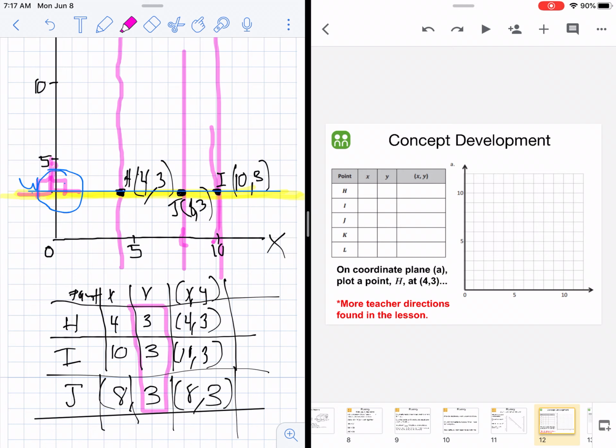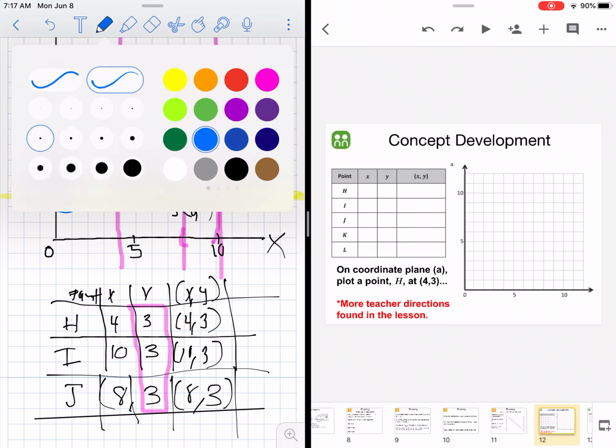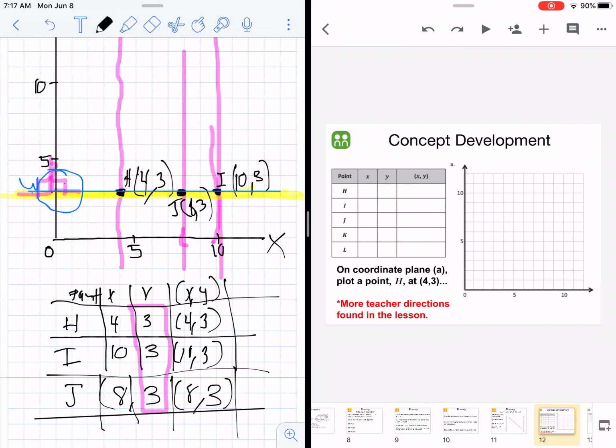So let's plot our points K and L. K is 3 units from the x-axis, so it is on that line W still, and 1 unit from the y-axis. So it's going to fall on this line.